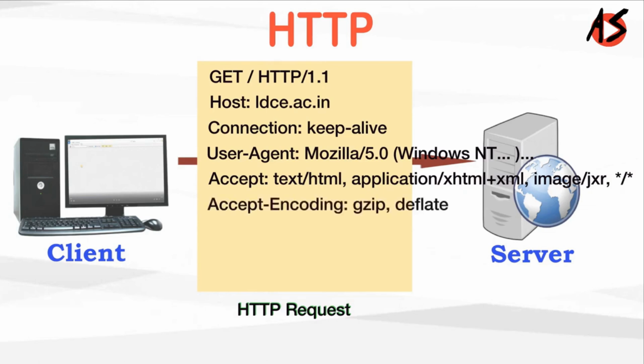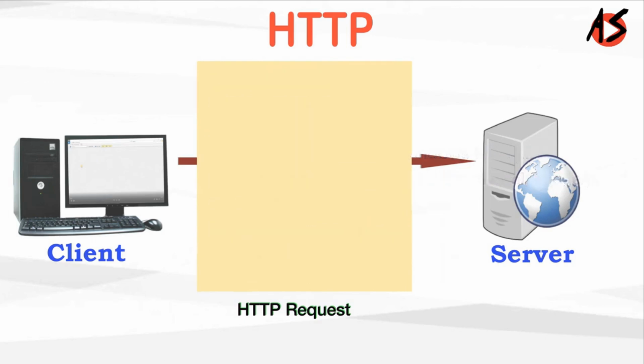The Accept-Encoding request HTTP header advertises which content encoding, usually a compression algorithm, the client is able to understand. Here it is gzip and deflate. Accept-Language tells which natural language the client understands. In our example, the client understands US English as a language.